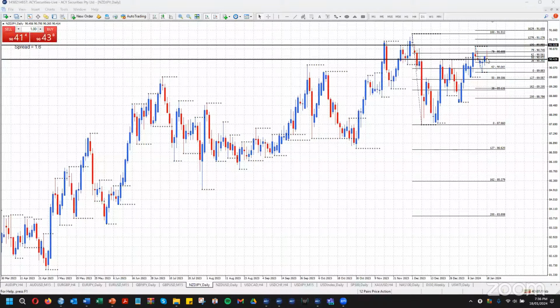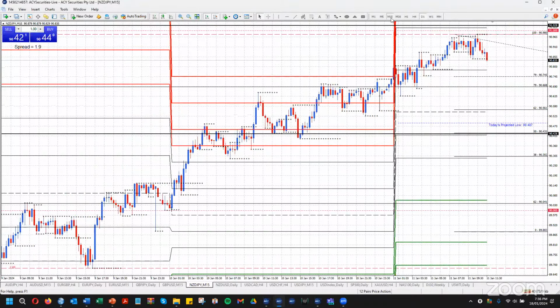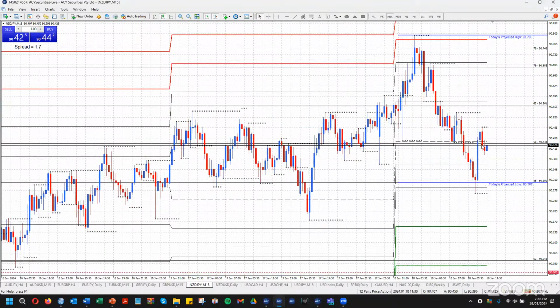So we want a good close below 90.42 today, because you've missed the opportunity at the 79% level. Just dropping down to the 15-minute chart. If we close down here today, then most certainly tomorrow we'll watch 90.42 to be resistance. It's still debating whether it can hold below 90.42 at the moment. But if we clearly close below there today, look for 90.42 to be resistance tomorrow.